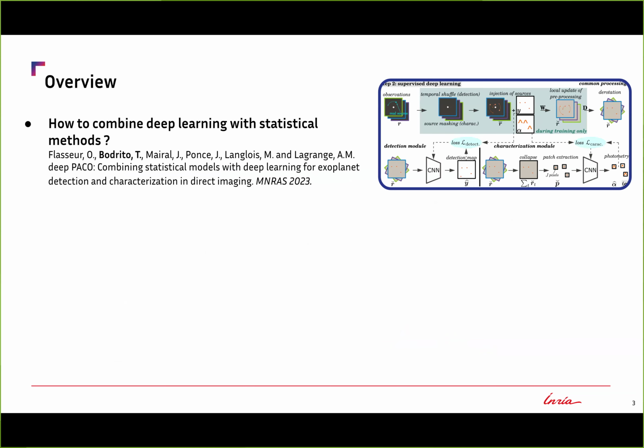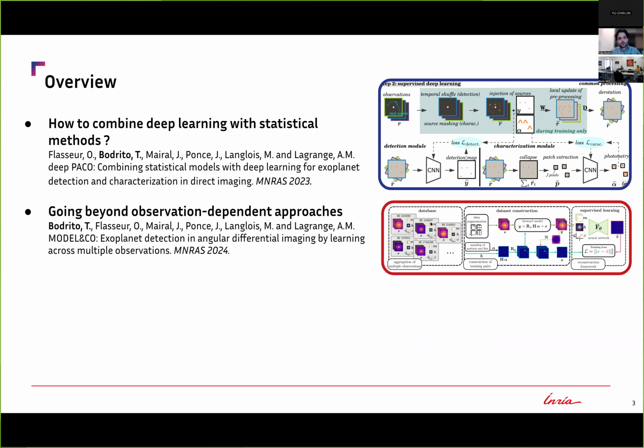In this talk, the talk will be divided into three parts. In the first part, we'll see how to combine deep learning with statistical methods for exoplanet detection. Then we'll see how to go beyond observation-dependent approaches to leverage a large database of observations.